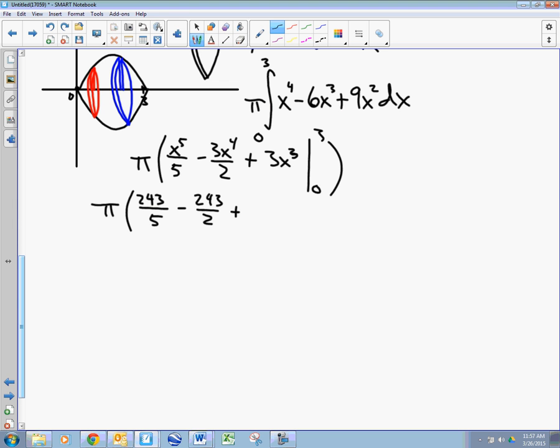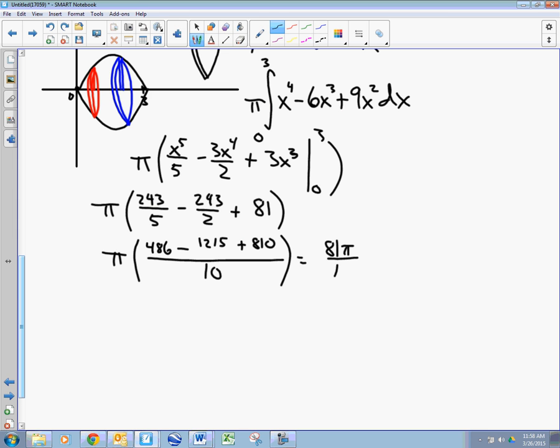And then 3 to the third times 3 is like 3 to the fourth, so that's 81. And so our common denominator will be 10. So multiply this by 2, we get 486. Minus multiply this by 10 and divide by 2, we get 1215. Plus 810 all over 10. And 486 minus 1215 plus 810 is 81 times pi divided by 10. Bada bing, bada bang.